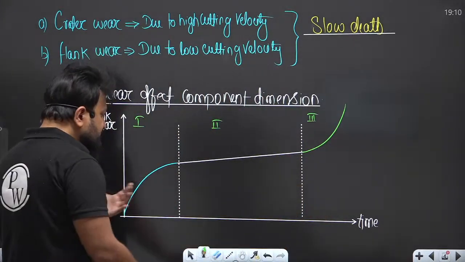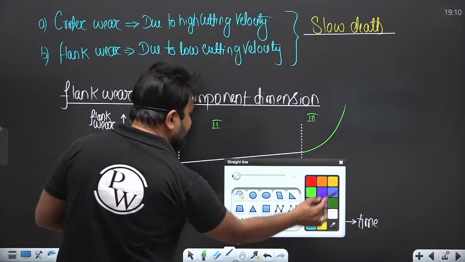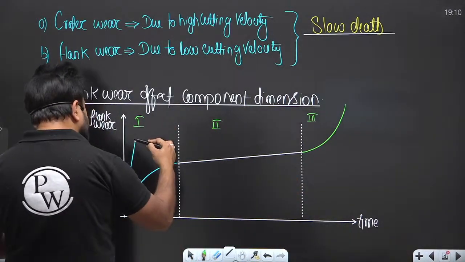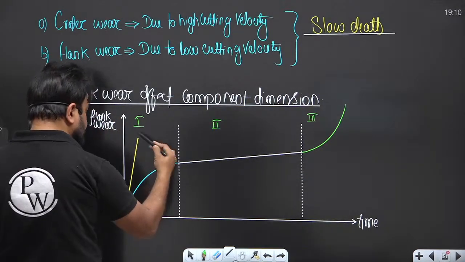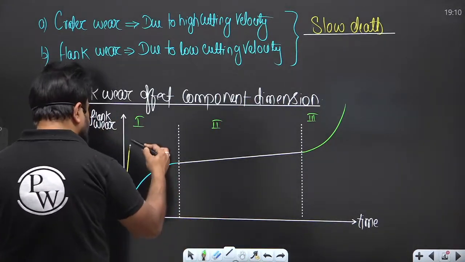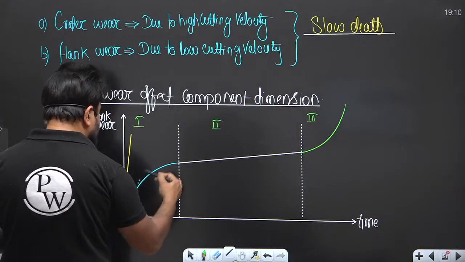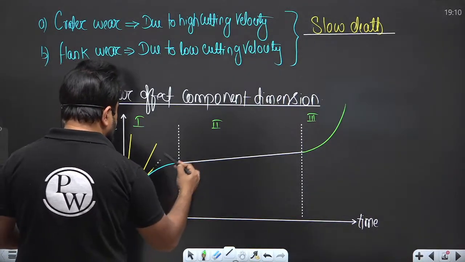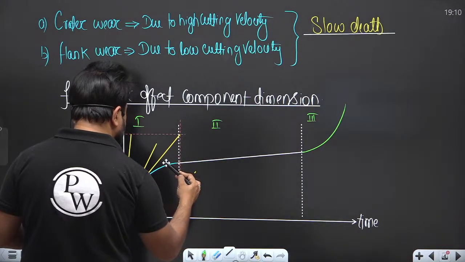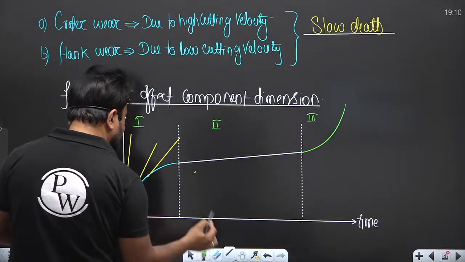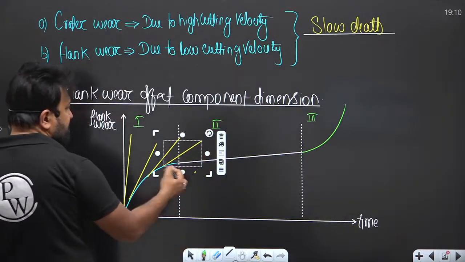My dear, in this wear you can understand that initially the wear rate is high. As time goes on, the wear rate decreases, so there is a curve.